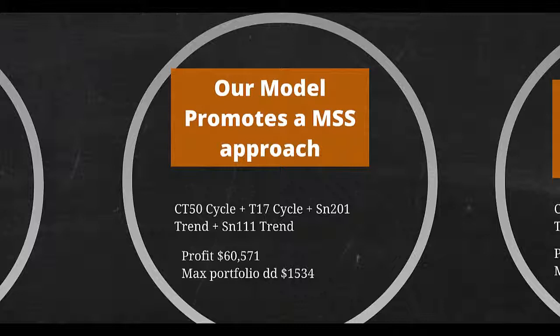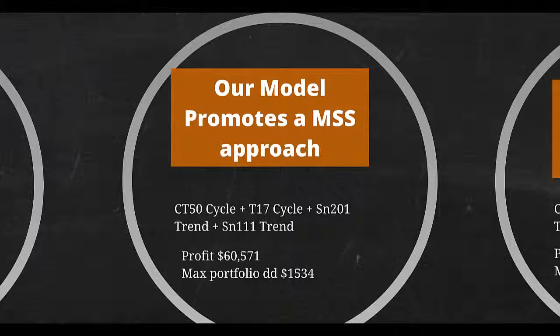But the important thing to remember is that you need a balanced mix of systems to take advantage of a diversified portfolio. In the example we showed you in the previous video, we had CT50 Cycle Trader, T17 Cycle Trader, SN201 on the Euro Stoxx, which is a trend system, and SN111 on heating oil, which is trend as well.